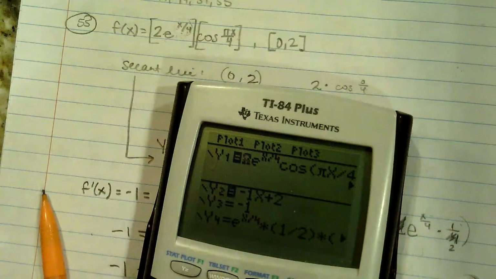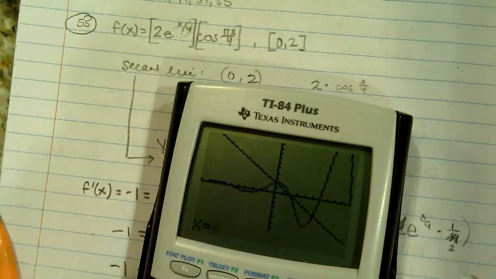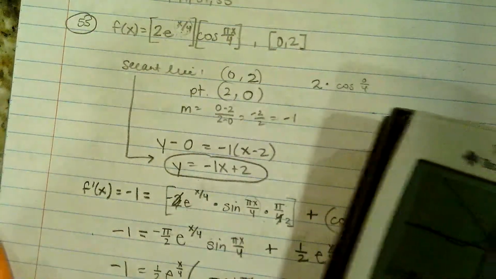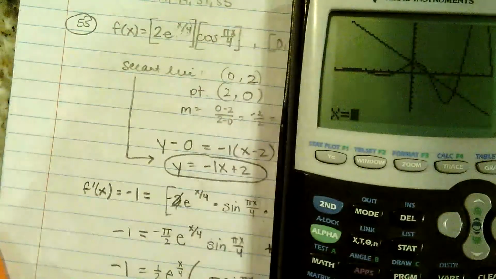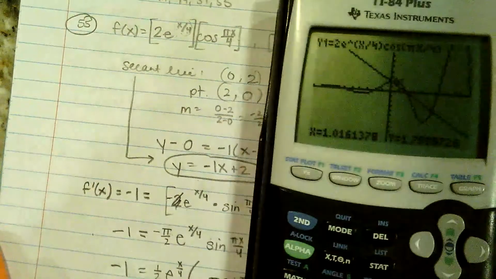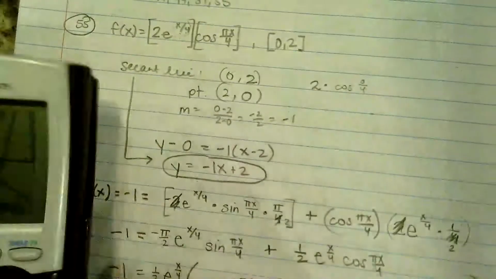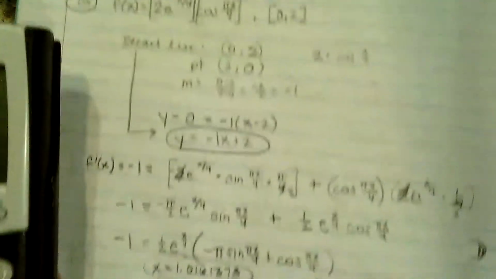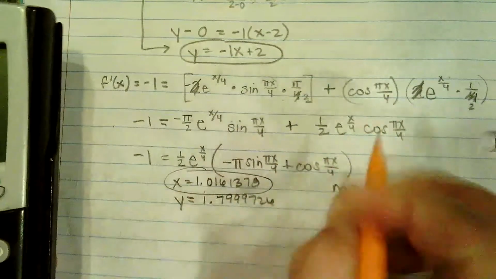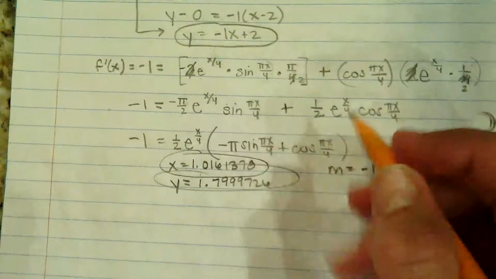So I can check second trace value, and I can look for the value at 1.0161378, and that's going to give me my y coordinate, 1.7999. And I'm just copying this down, 1.7999726.